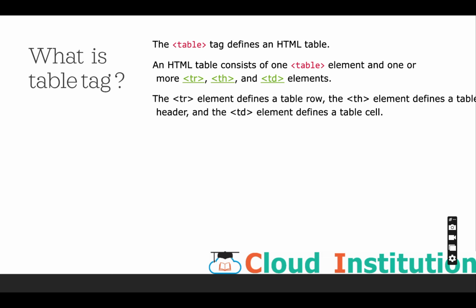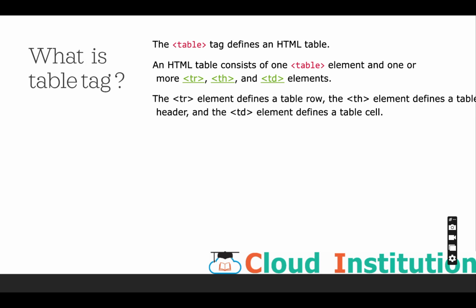If I want to create rows, I can use tr. If I want to define the table heading, I can go for th. When you create the rows and the table headings, it creates cells. If I want to add data in a particular cell, I can use td.